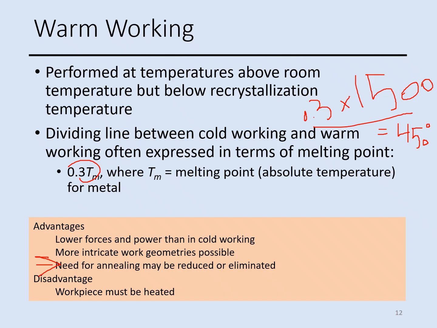Annealing is a process that can reduce stress. When you make a part in the manufacturing processes and you leave some stress inside the part, it's called residual stress. Residual stress can be removed by annealing. But if you perform warm working, then the need for annealing can be reduced.